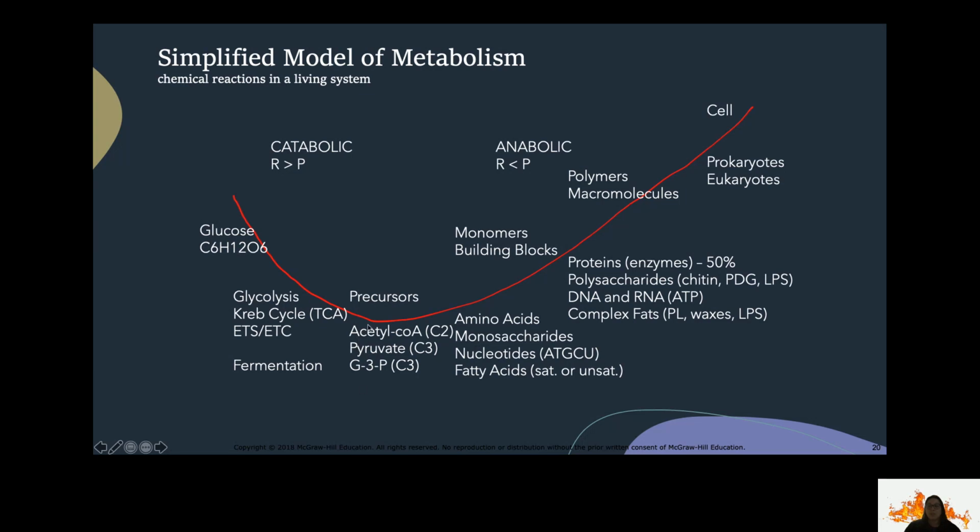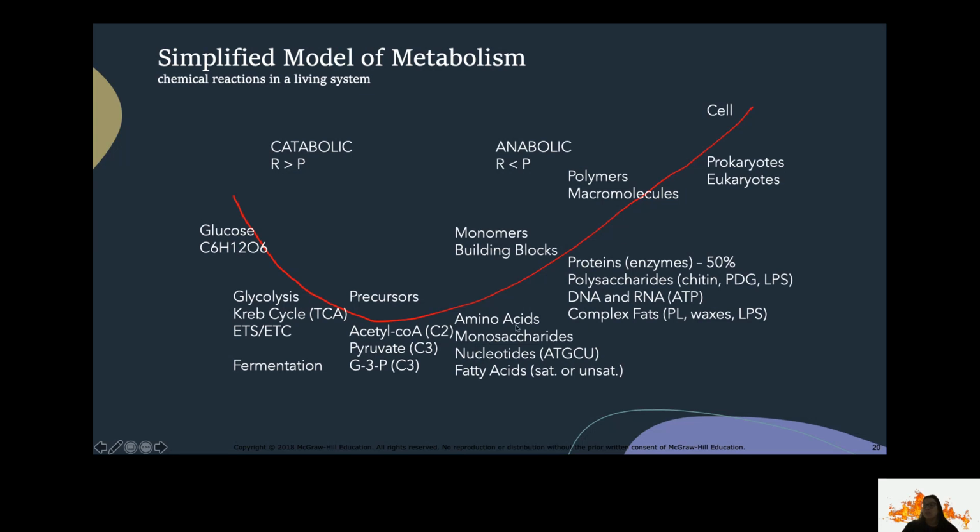Now, these same precursors can be used to go anabolically and build up to other molecules. And when it comes to becoming the building blocks, those will be things like amino acids, monosaccharides, basic nucleotides, or even fatty acid chains. All right, amino acids are the building blocks of proteins. So an example of that would be enzymes.